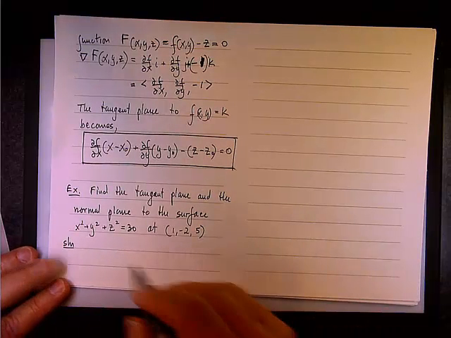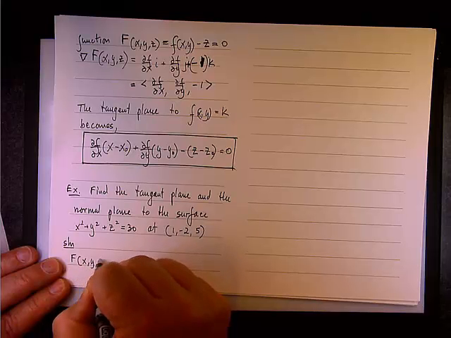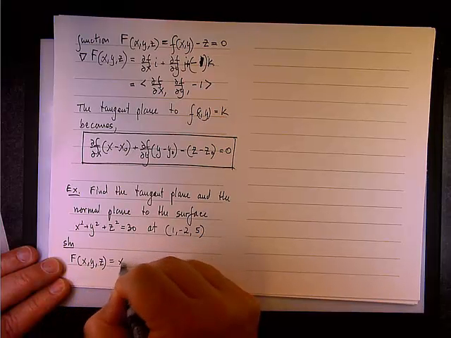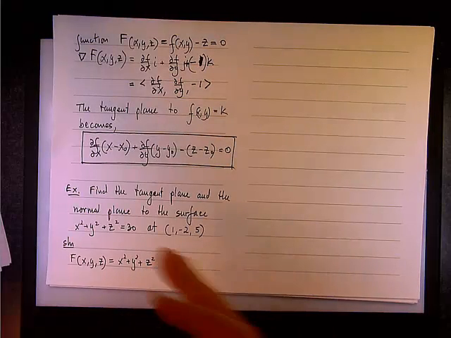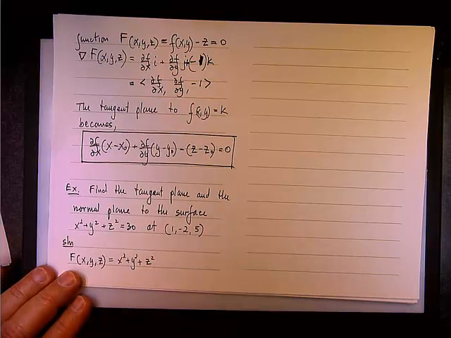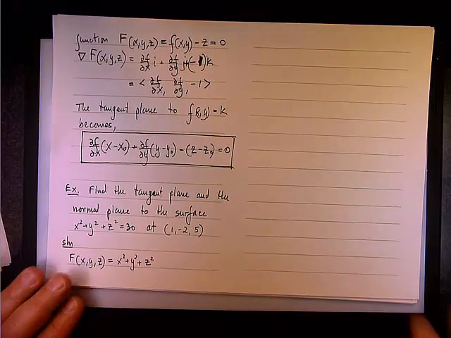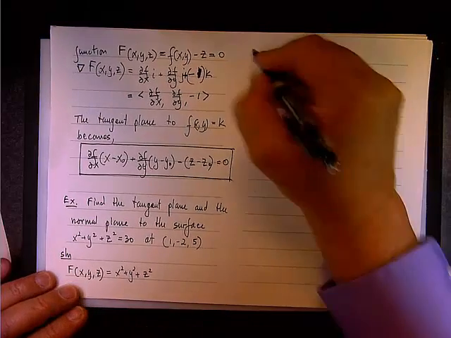We have two things to find, but in any event we need the gradient vector. So we set up a function f of x, y, z equals x squared plus y squared plus z squared. This is in general. The surface is the level where this equals 30, but we don't care about that because when we take the derivative, it goes to 0 anyway. So what is the gradient to the surface?